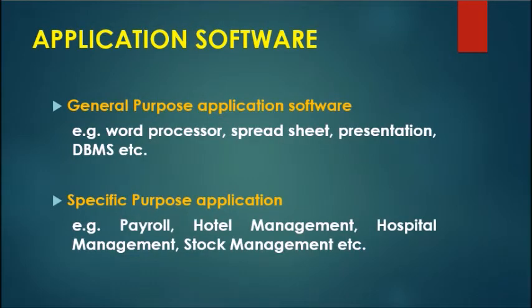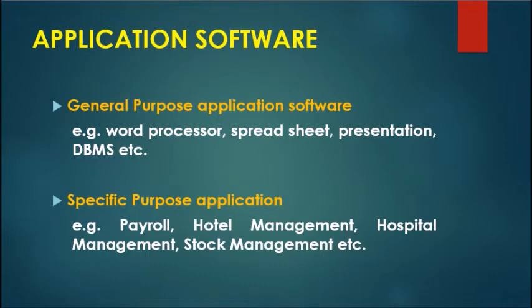Now the next category of software, that is application software. It is also of two types. First is general purpose application software. Second is the specific purpose application software. So general purpose application software is a type of application that can be used for a variety of tasks. It is not limited to one particular function.